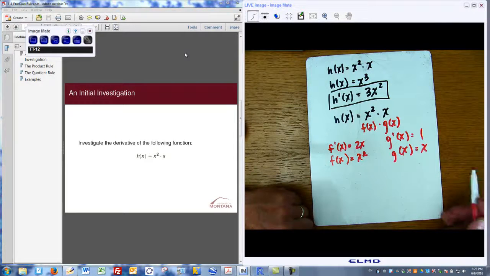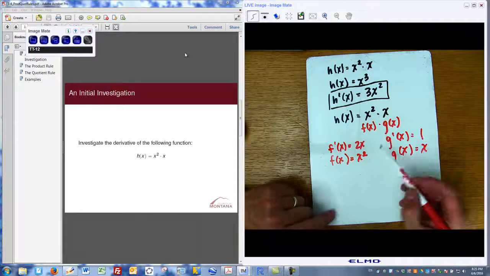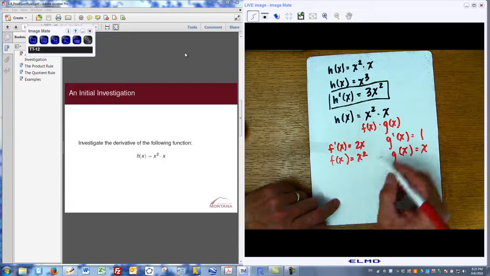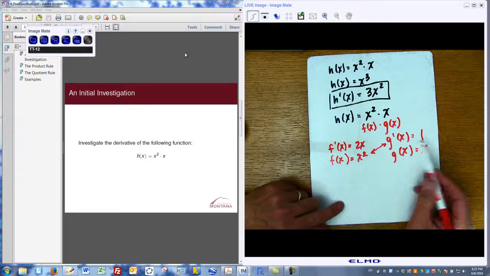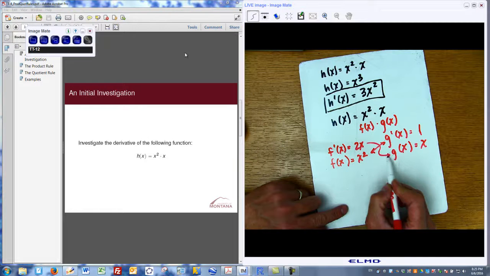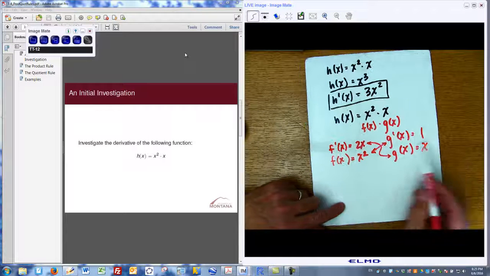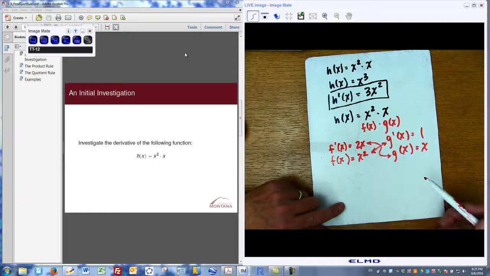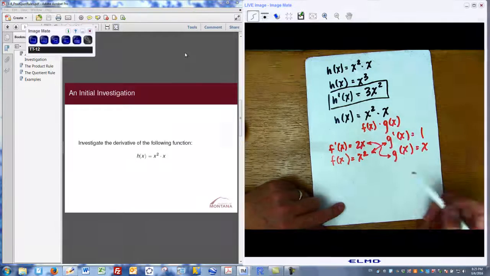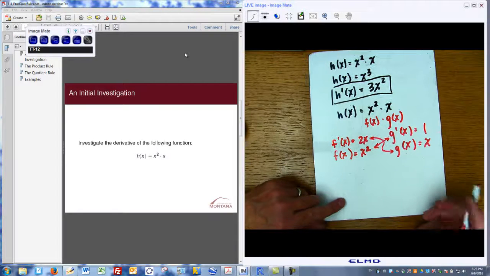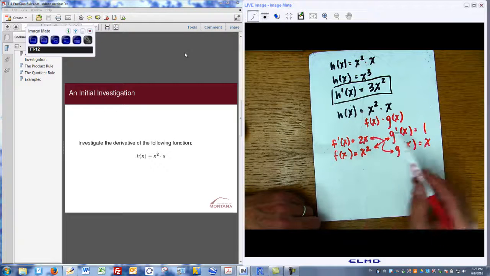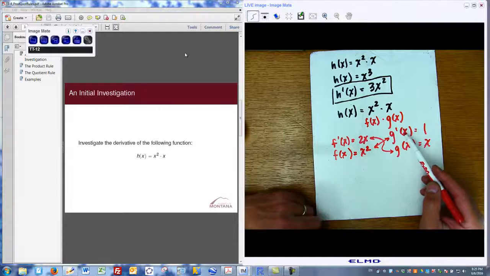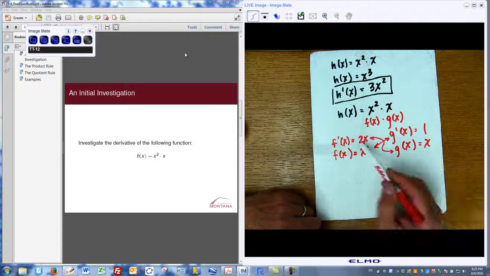The right way, it turns out, is this: if you combine this function with that function and get a product, you'll get x squared. If you combine this function with that function, you'll get 2x squared. And x squared plus 2x squared gives you 3x squared. So it appears there's a cross-matching of a function times the other function's derivative plus the other function times the first's derivative.